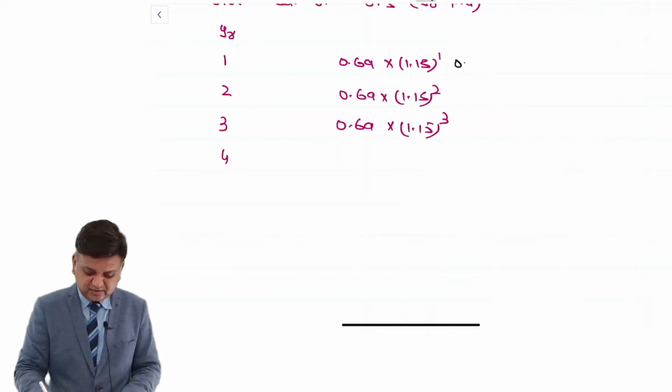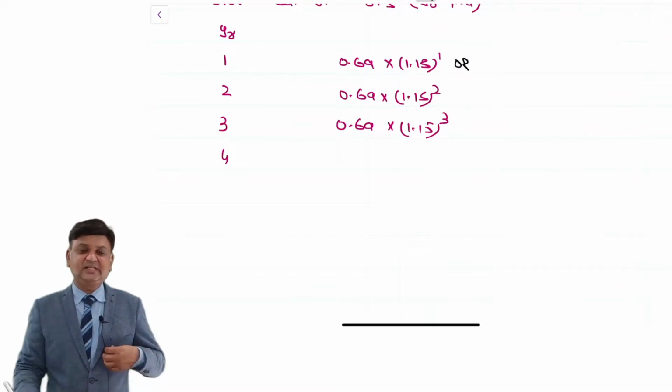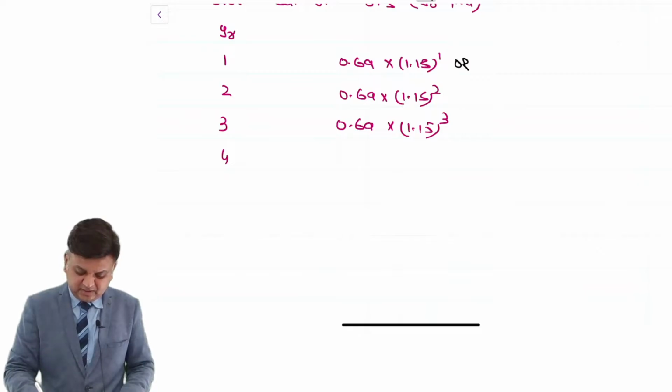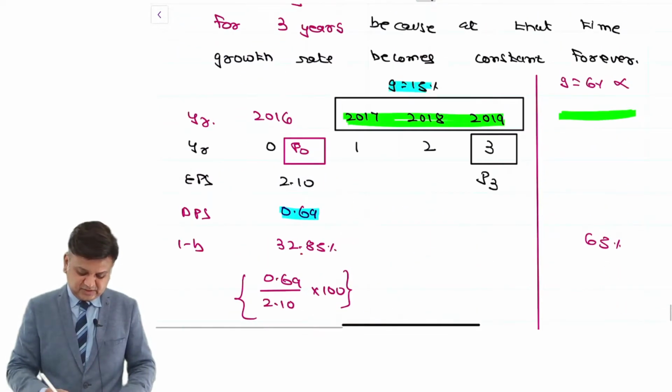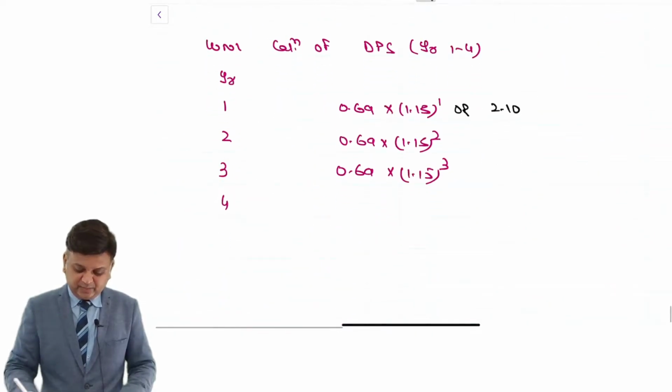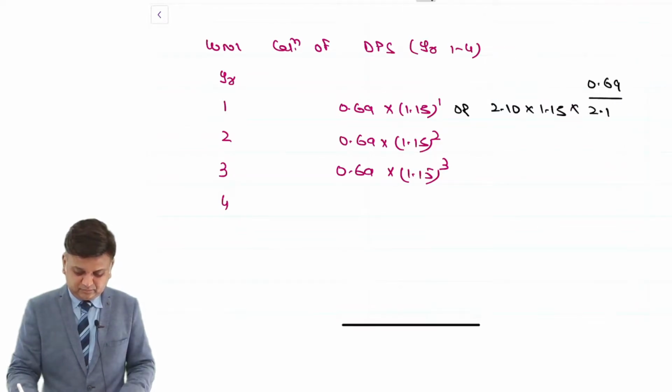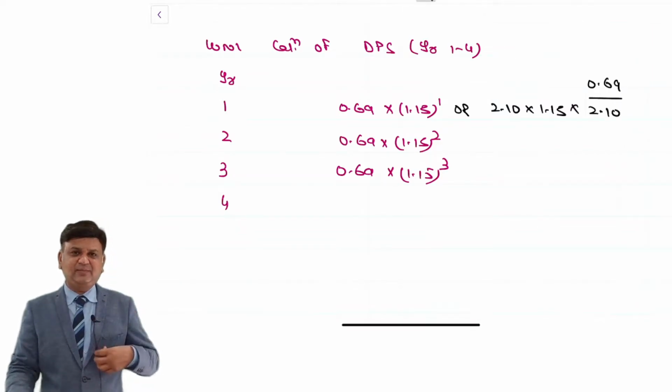Or otherwise, suppose somebody says, sir, I want to follow the dividend payout ratio. Can I? Yes, you can. So 2.10, the recent year earning per share, friends, into 1.15. So this is EPS at the end of year 1 into 0.69 divided by 2.10, because that gives the dividend payout ratio.